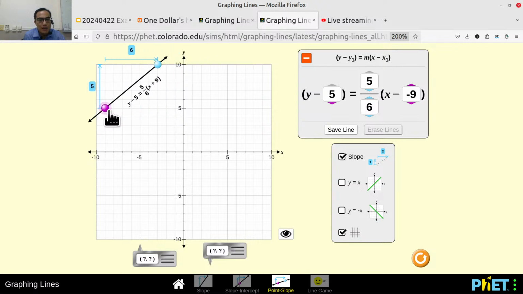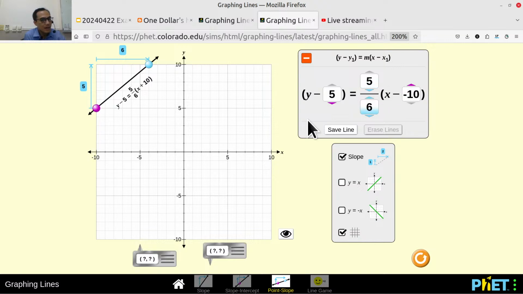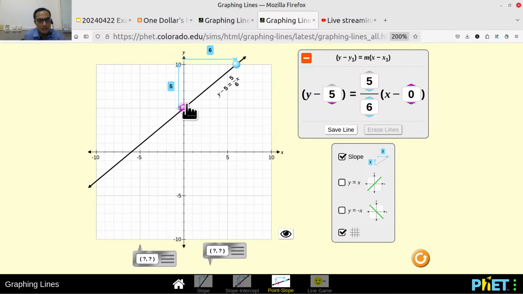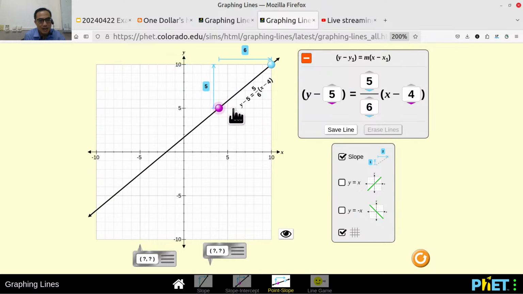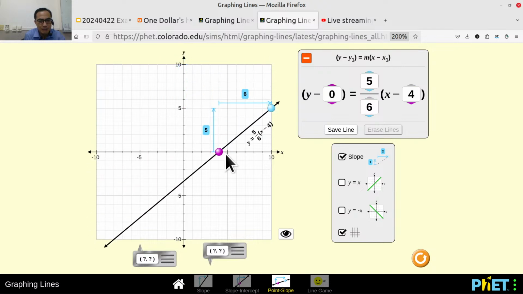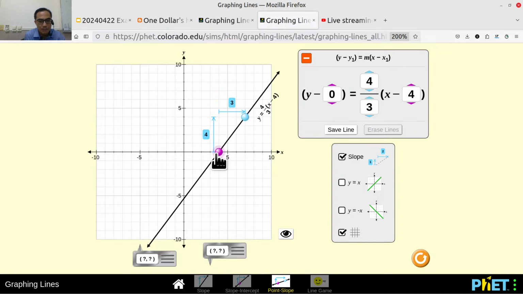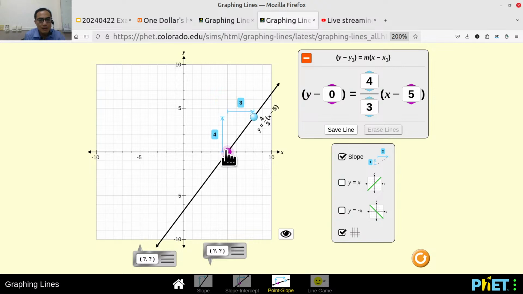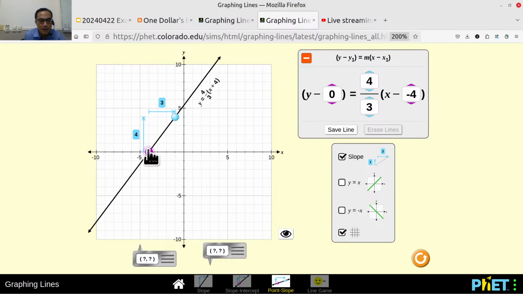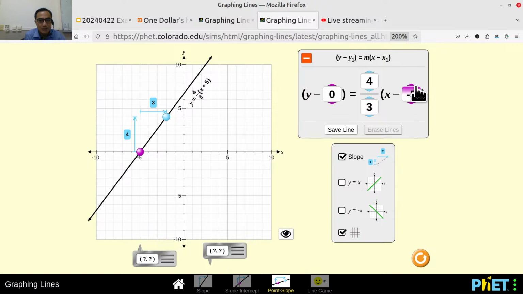I move it to the left, to the location x-axis -10. Here is -10. I move it to the right, here to 5, and the value here is 5. I move it to -5. Here is -5.